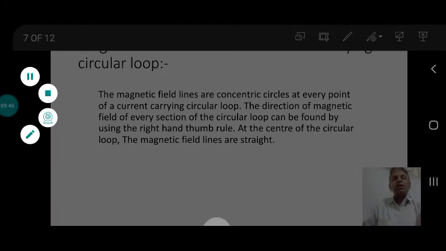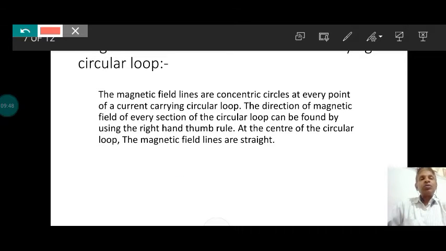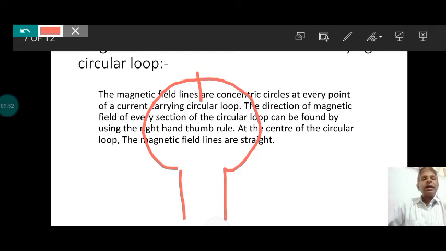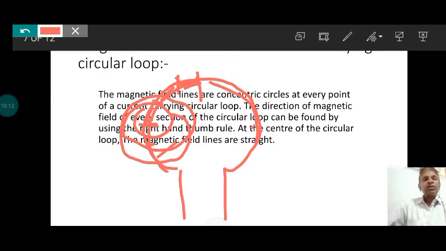Every part of the circular loop acts as a straight conductor, so concentric circles are formed here as well.